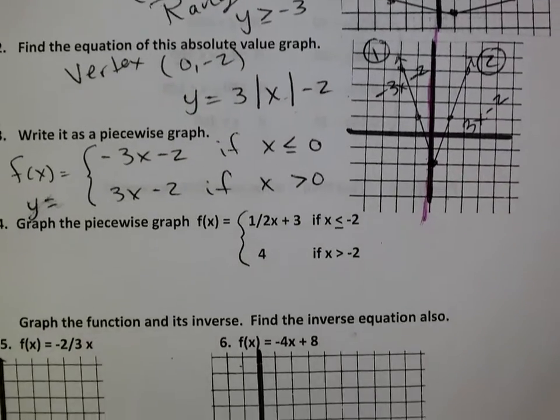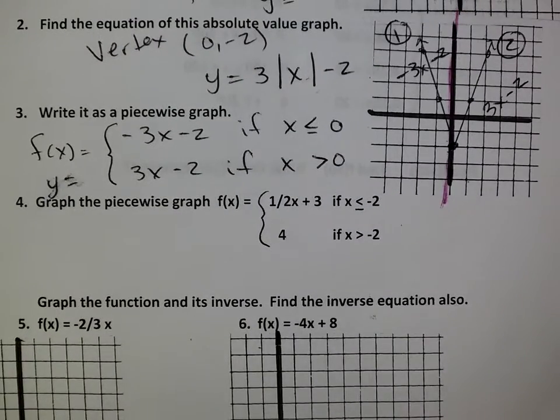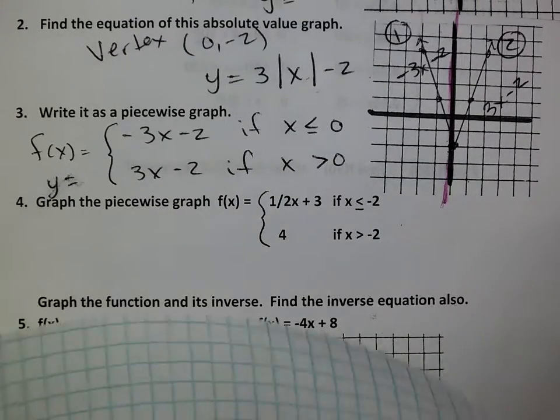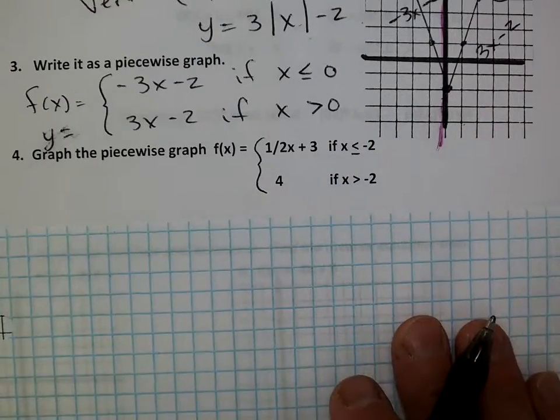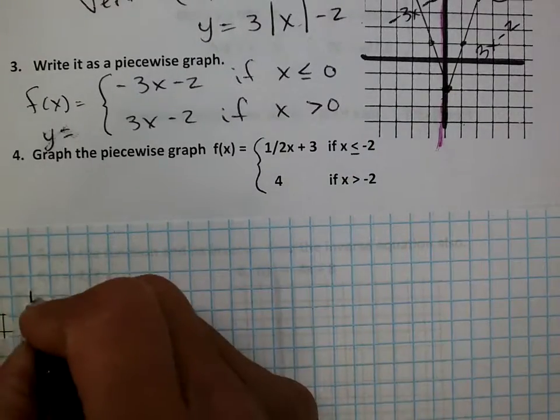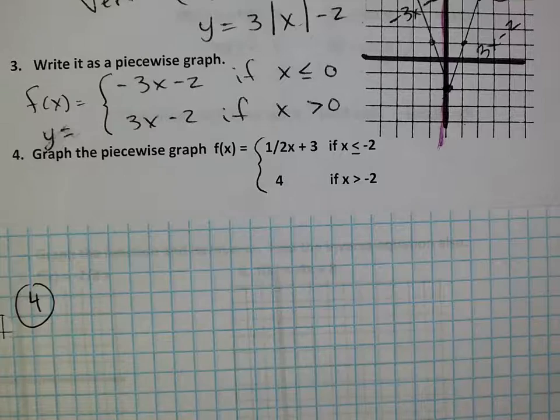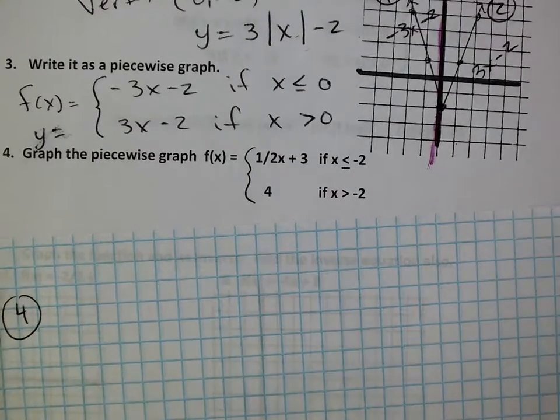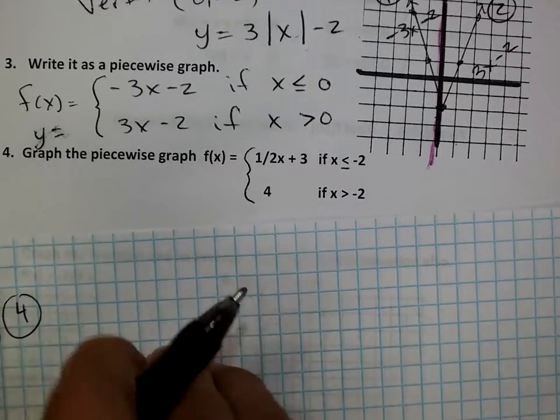Okay. Number 4. I'm going to take out a piece of graph paper. It says graph the piecewise graph, all right? So number 4. Okay, let me get out my ruler.